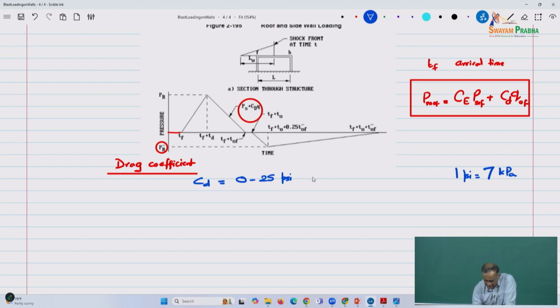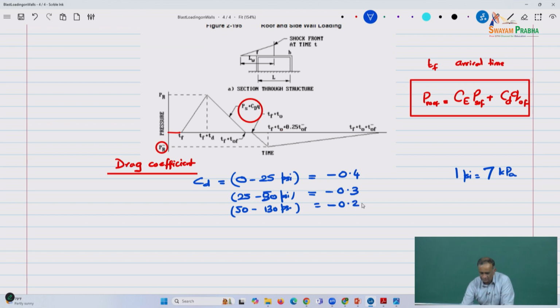So the drag coefficient CD for 0 to 25 psi is minus 0.4. Most of your Q naught is going to be fairly low, so quite often you will just be in the first range. And then 25 to 50, 50 to 130 psi. So as the pressure increases, it actually drops down.